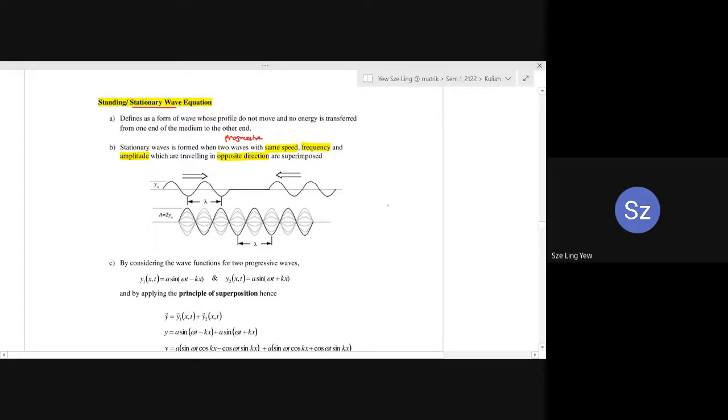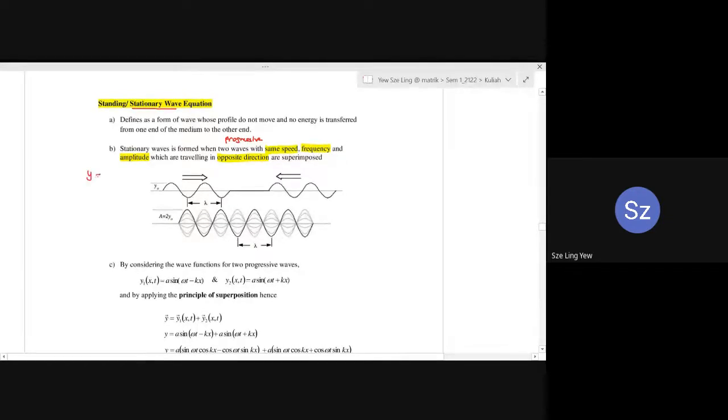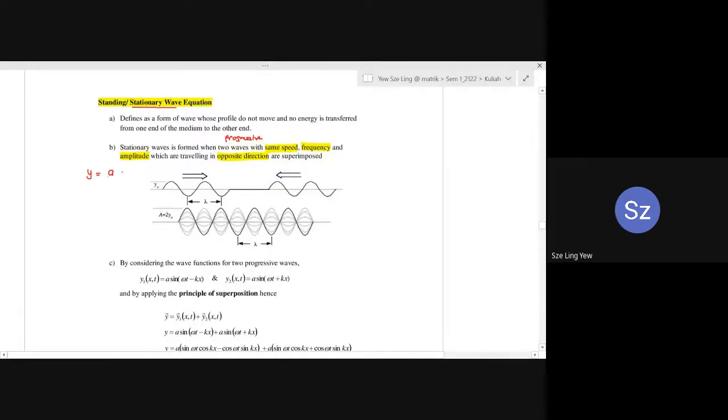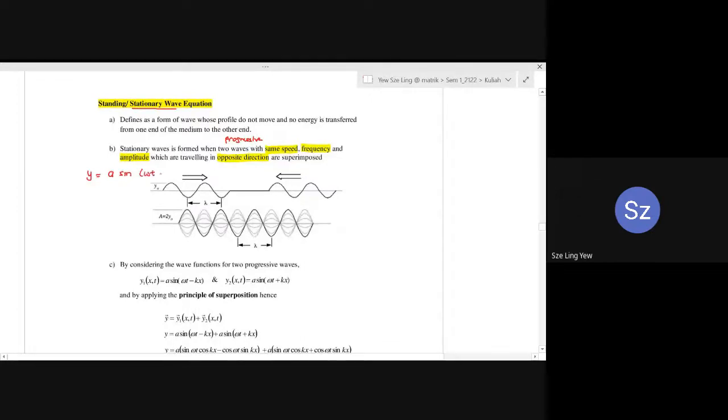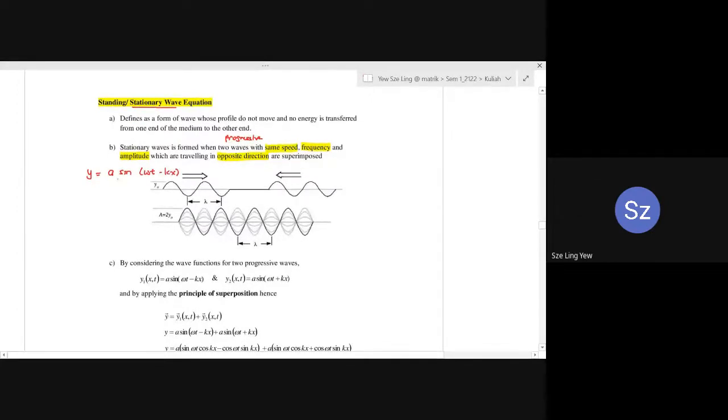As shown in the diagram, you have a progressive wave coming from the left-hand side, traveling to the right. The equation is y equals a sine(omega t minus kx). I'm going to use small a here. This is when my wave is traveling to the right.